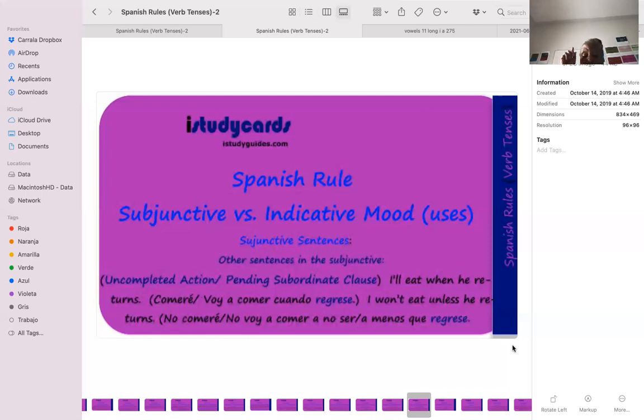I won't eat unless he returns. So it's not with the "when" now, but okay, it's still playing the same role. I won't eat. So I'm talking about the present now. I won't eat. No comeré. Or no voy a comer.